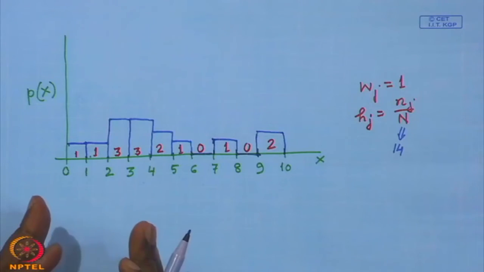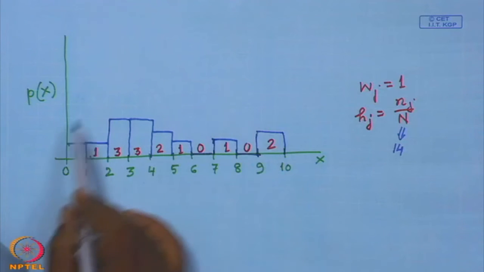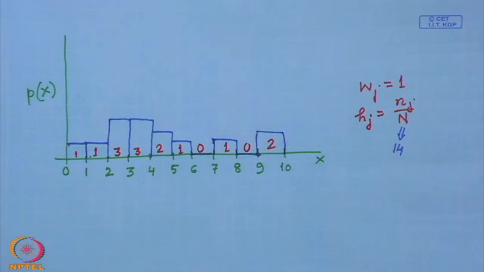Okay. So, if I reduce the bin width or increase the number of bins, then the situation is as shown here. Now, let us see the reverse case. If I increase the bin width or reduce the number of bins, then what will I have?